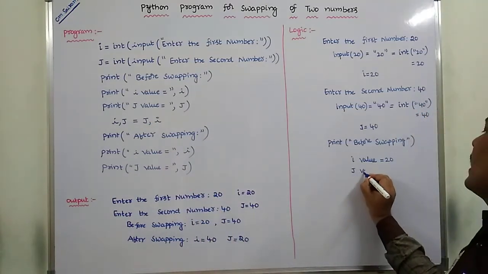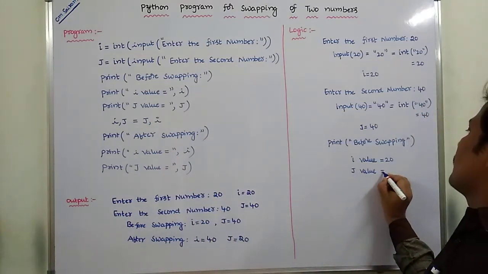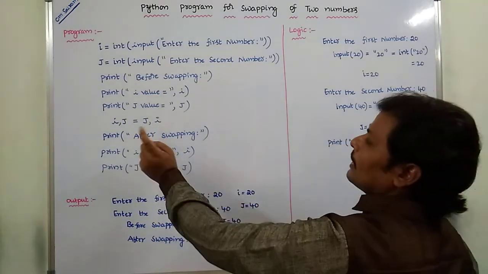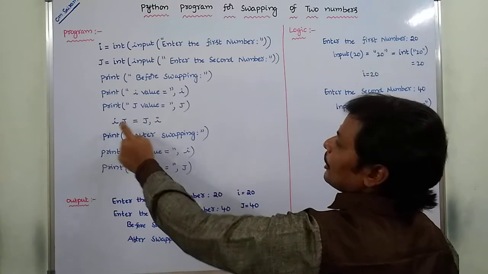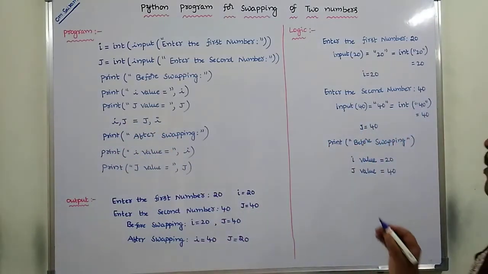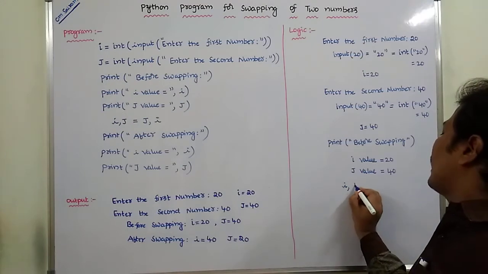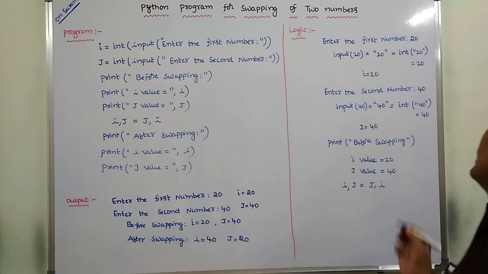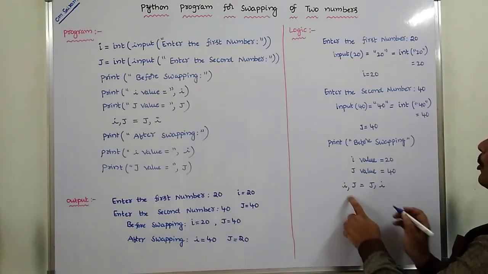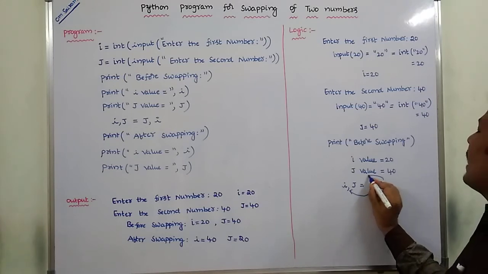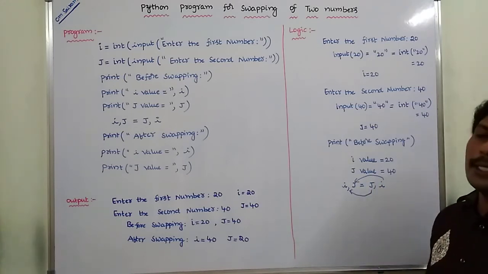J value is equal to 40. Next, go for J is assigned to I and I value is assigned to J. So here I comma J is equal to J comma I. That means J value is assigned to I and I value is assigned to J.